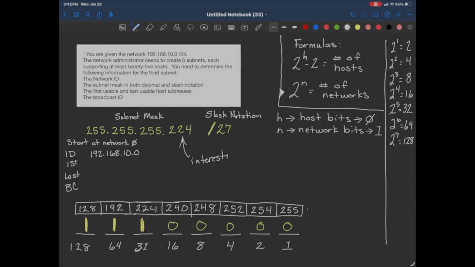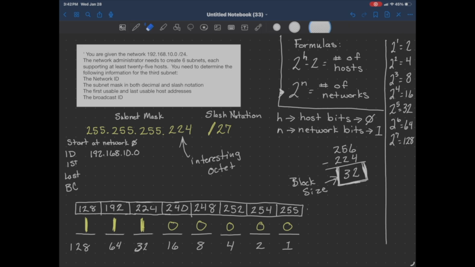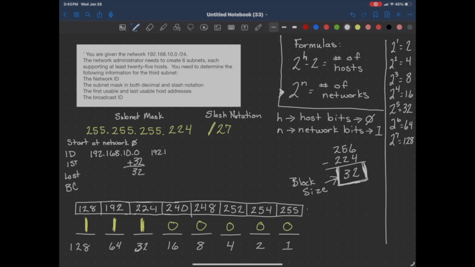That's our last octet here with 224. I can just subtract 224 from 256, and that gives me a block size of 32. If I add 32, the block size, to the interesting octet of the IP address, that gives me all of my network IDs, for all 8 networks.